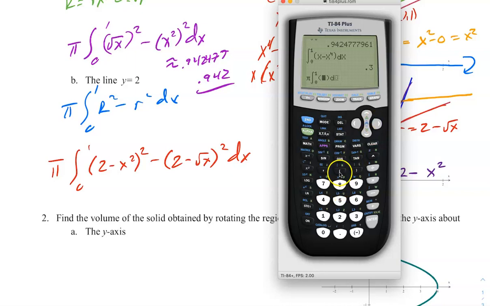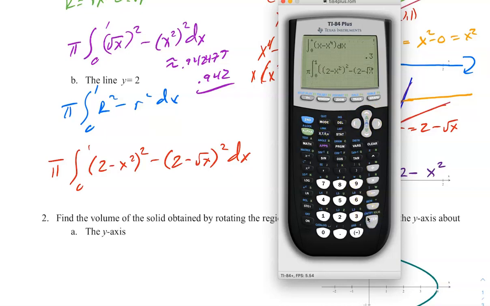And then right here we're going to go parentheses 2 minus x squared, close parentheses, square that, minus parentheses 2 minus square root of x, move it to the right a little bit, get out of there, close parentheses squared. I think I don't need to close that parenthesis, I think it's already implied. Go over here to the edge, and then press X.